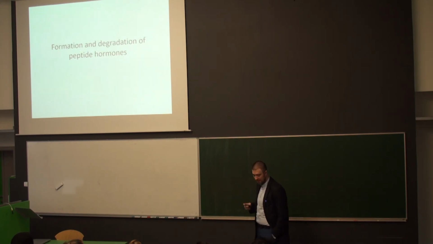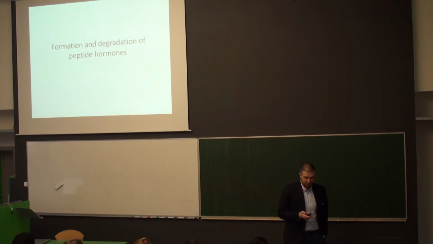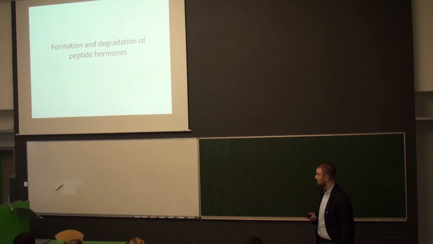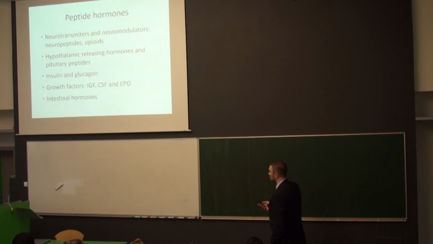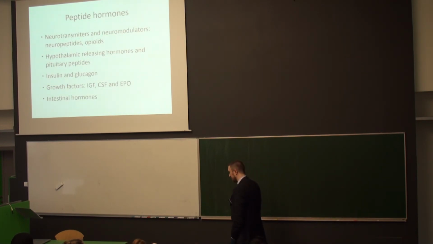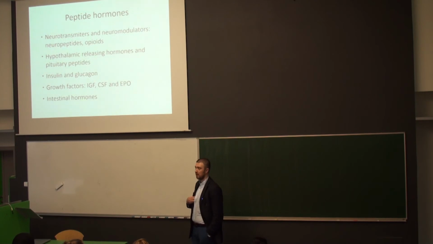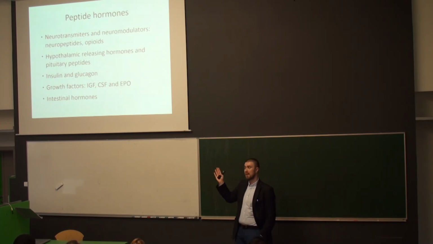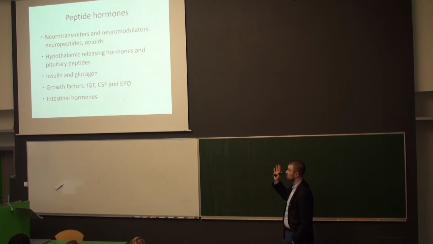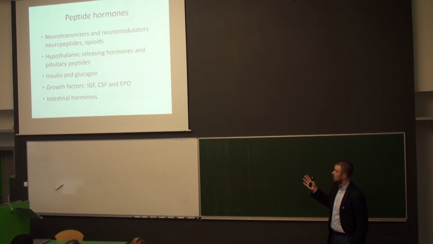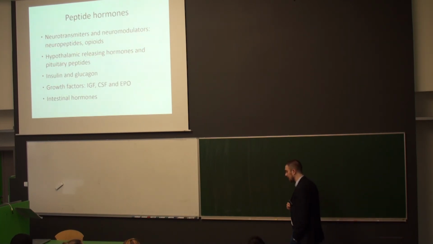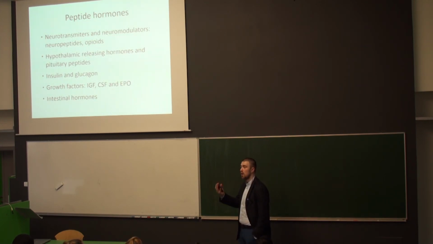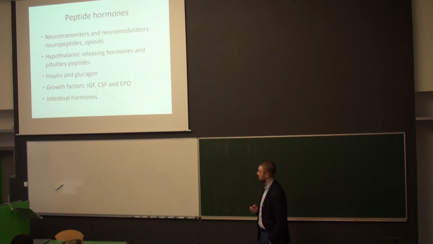So if no question, then the last topic for today is the peptide hormones. Peptide hormones, or peptide signaling molecules, are a very big group of compounds. Here you have only some of them in the list. Peptide signaling molecules you can find in your central nervous system, for example opioids such as enkephalins and endorphins, which are peptides produced in the CNS.